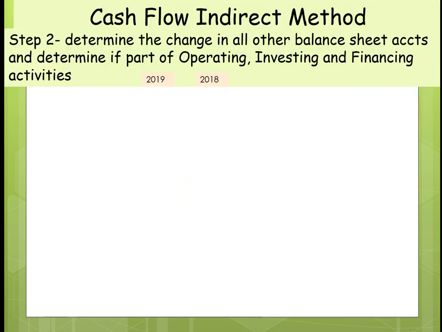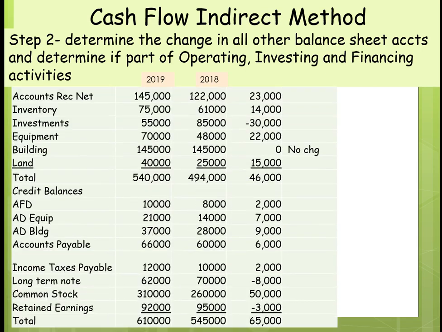Now, first, after you've figured out if they went up or down, the next thing you need to do is go through and identify items versus operating, investing, and financing activities. And if you notice, I don't include the cash account because that's what we're trying to explain. So accounts receivable, all current assets and liabilities are associated with operating activities.